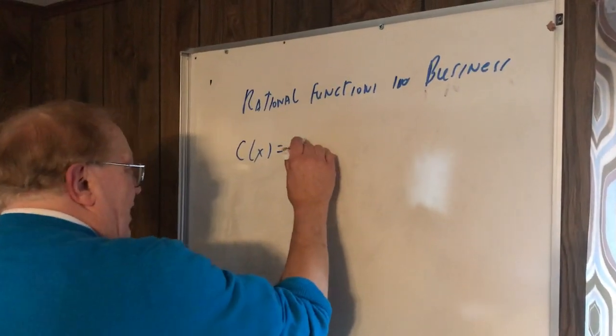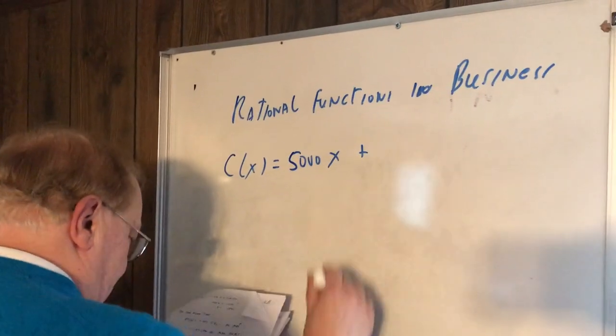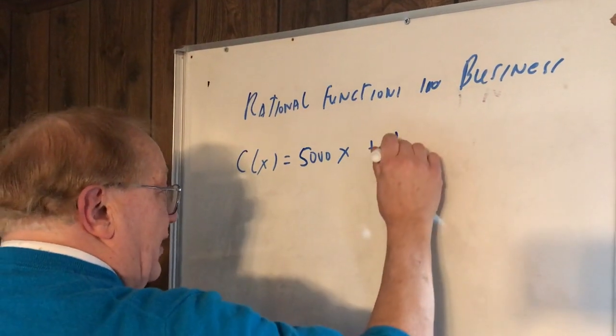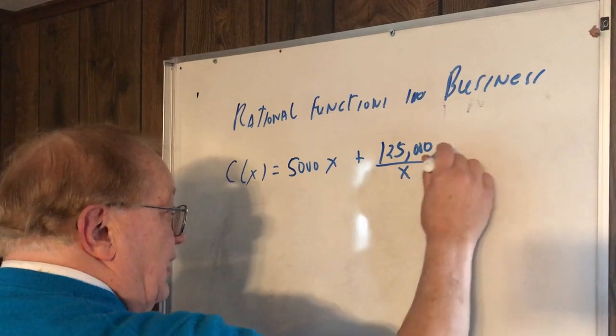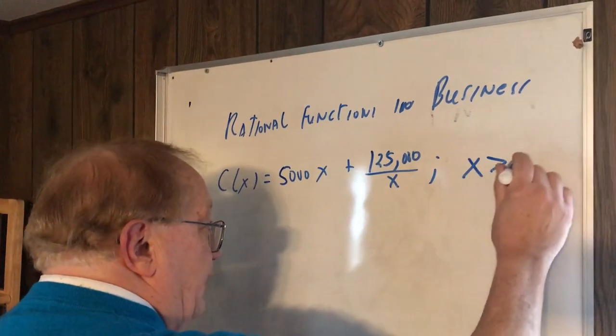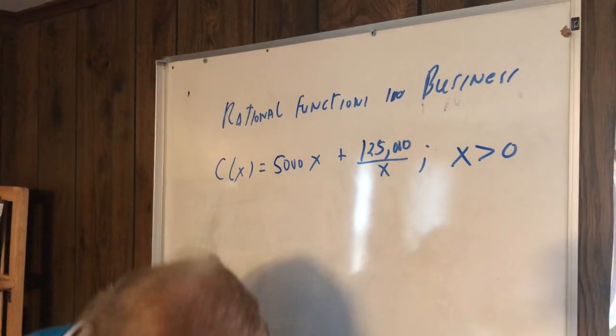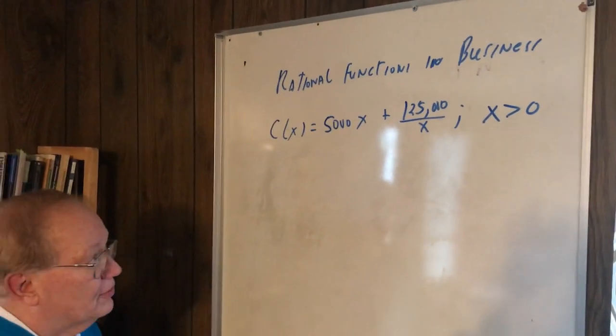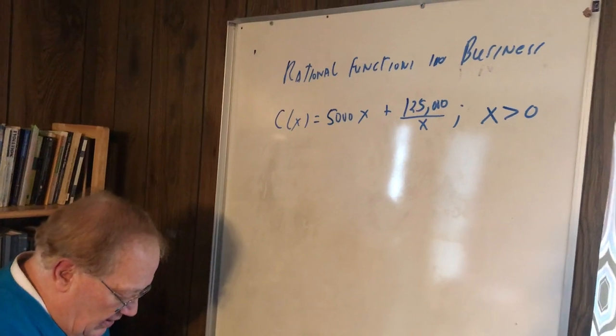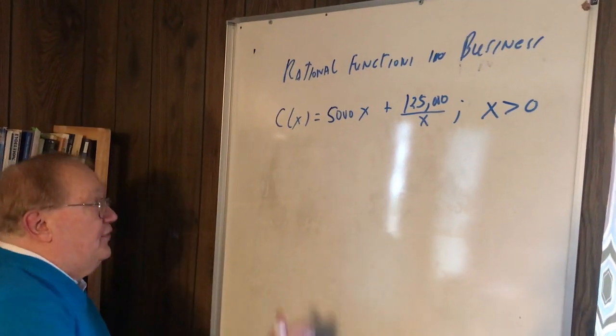I have C of x equals 5,000 x plus 125,000 over x with the constraint that x must be greater than 0. So notice x cannot be 0 here. Something happens around 0, which we'll see when we graph this. So let's define these terms.